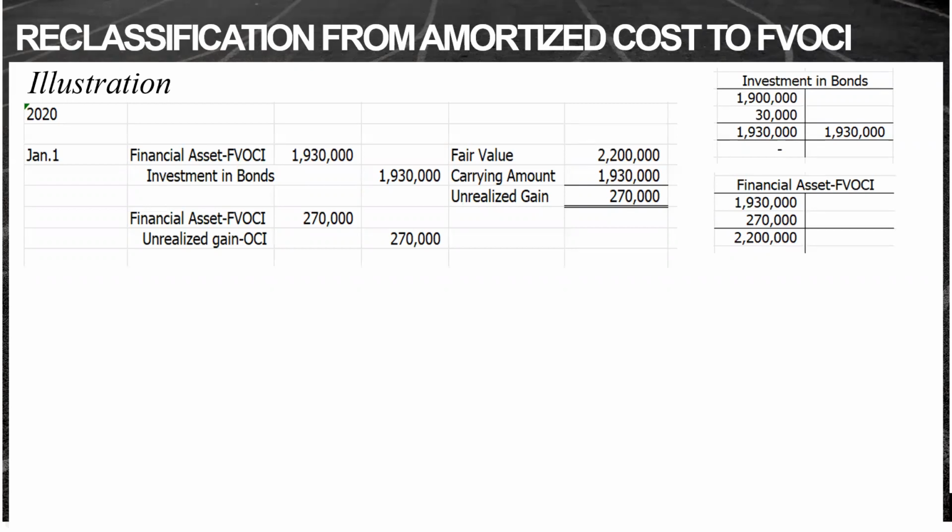So take note that yung FVOCI, the business model that the entity is following now is to collect the contractual cash flows, that is the principal plus interest. And aside from that, they also want to sell their financial assets.